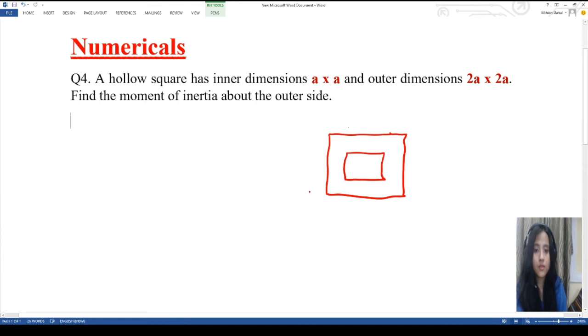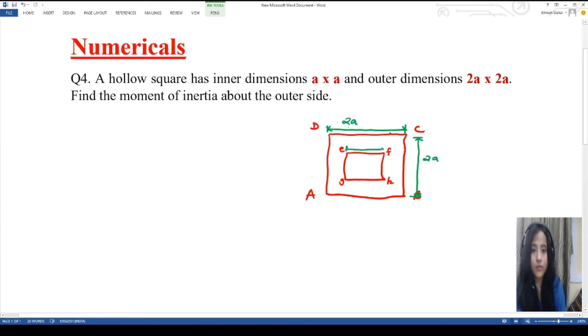Let us name this as A, B, C, and D, E, F, G, and H. Now, the size of this outer square is 2a and its depth is equal to 2a, right?